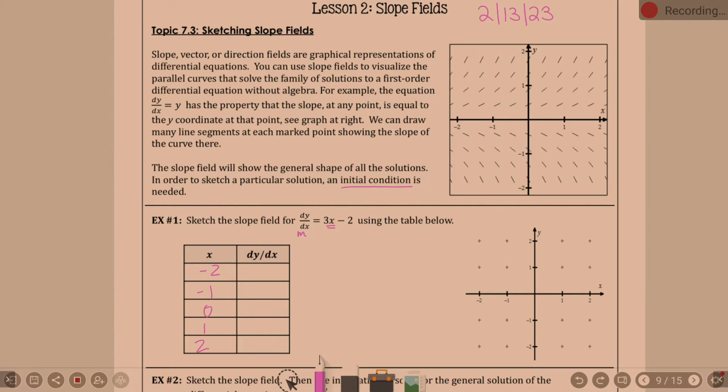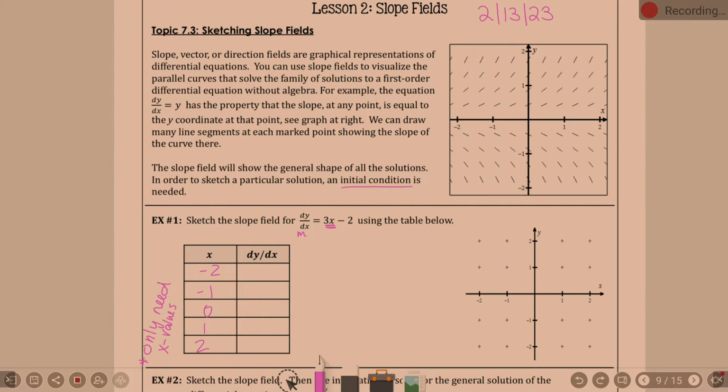So I'm just going to fill in my chart with the x values. And in this case, because it's only 3x minus 2, because there's no y in the problem, we only need x values. And as I said, that's because it's 3x minus 2.